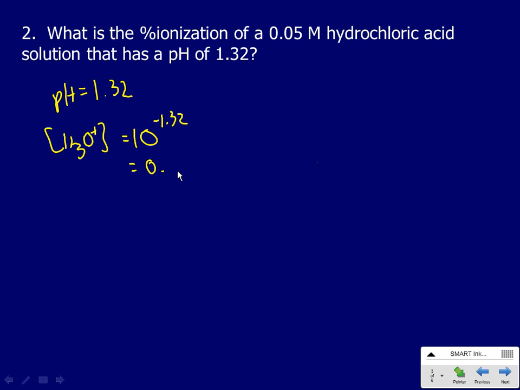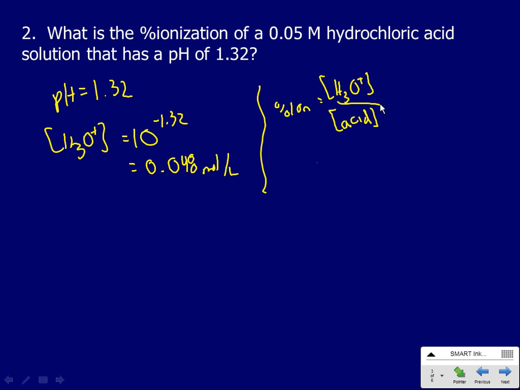0 point something. Yep. 0.48 moles per liter. Percent ionization is the amount of H3O plus, in other words how many H's fell off, divided by the acid, times 100.